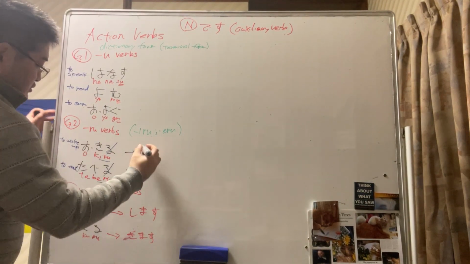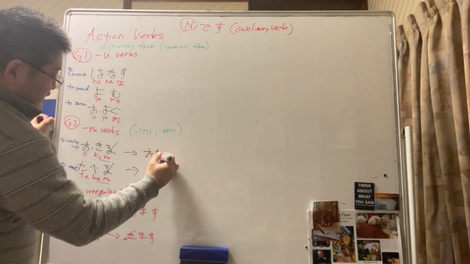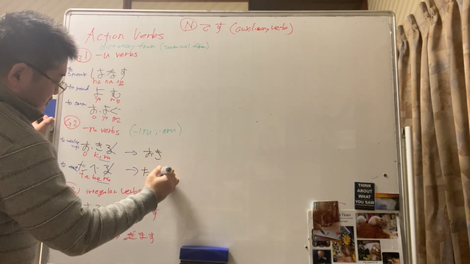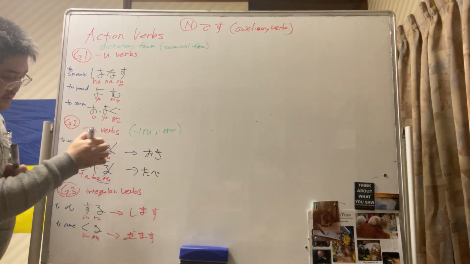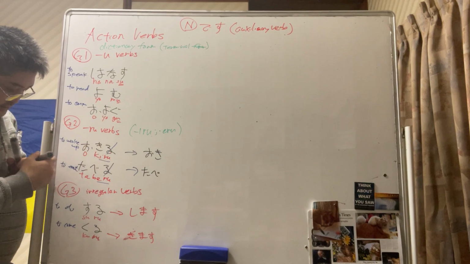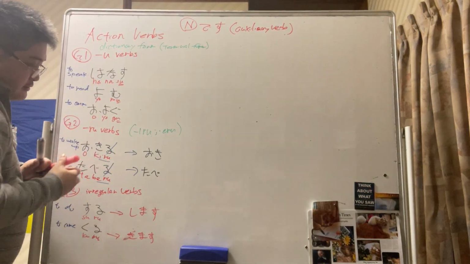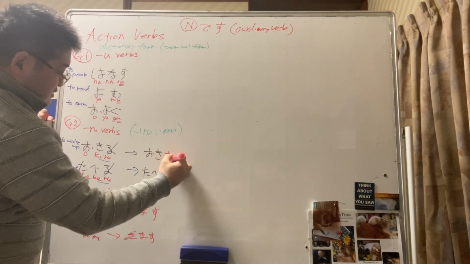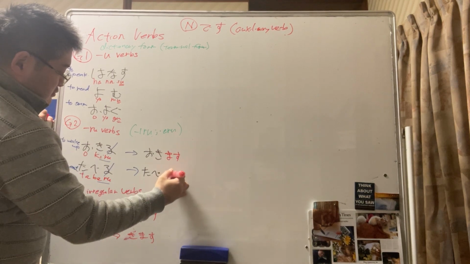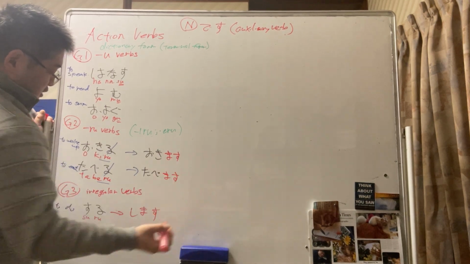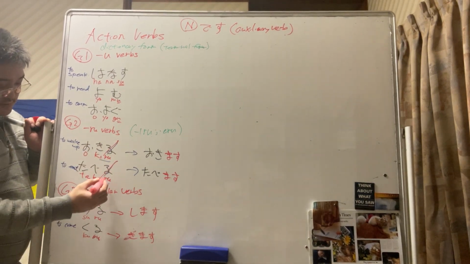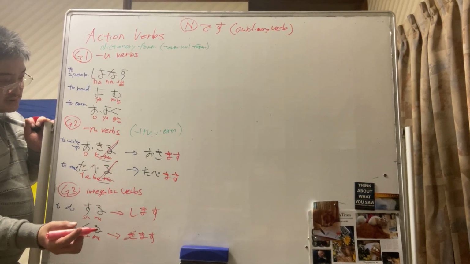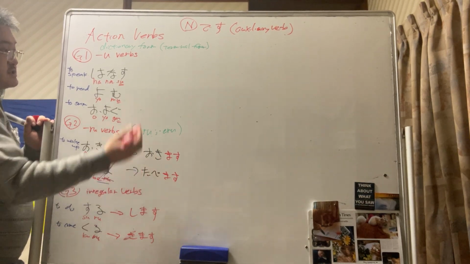That gives you oti and tabe. That's the stem when you take this out, right? And then you replace it with mas. That's fairly straightforward. So you just take ru out, so this ru disappears, and then change it to mas.